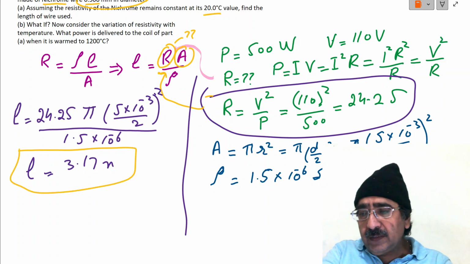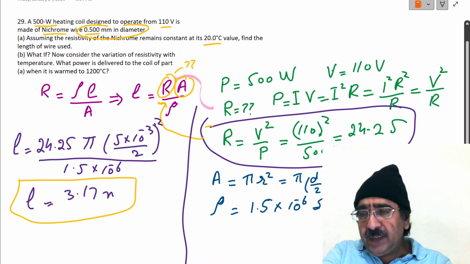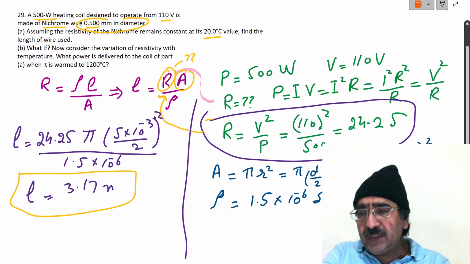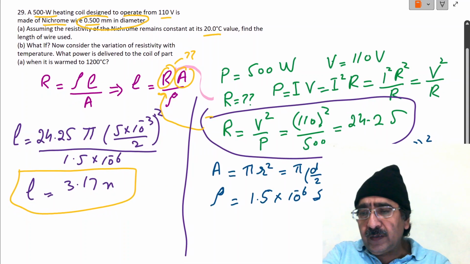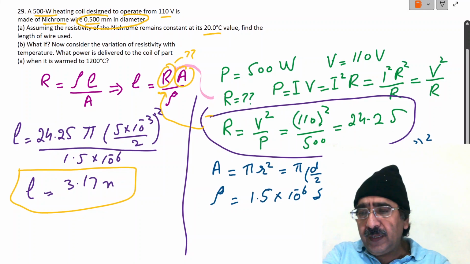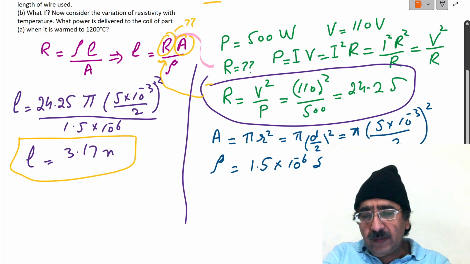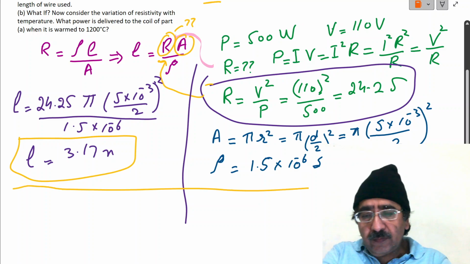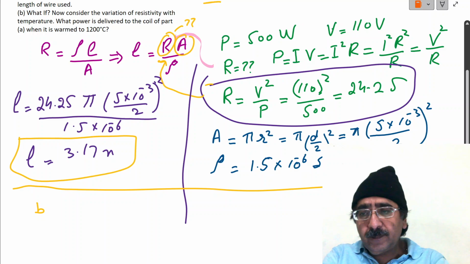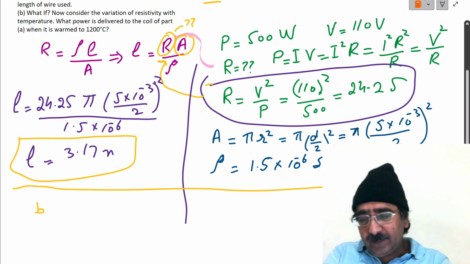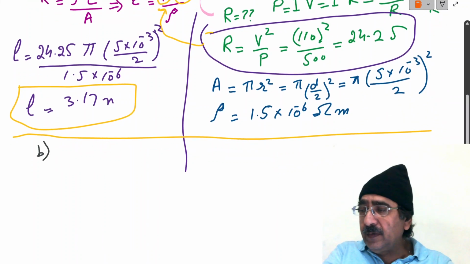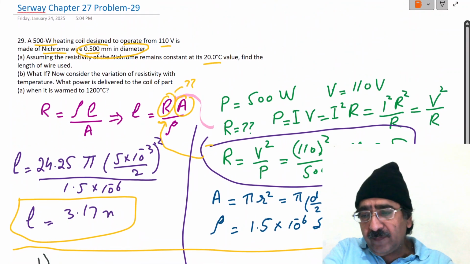The B part is: what if we now consider the variation of resistivity with temperature when power is delivered to the coil of part A when it is warmed to 1200 centigrade. Okay. So to solve the B part, we have to find what is the power delivered to the coil.